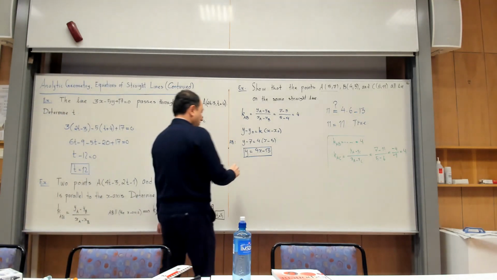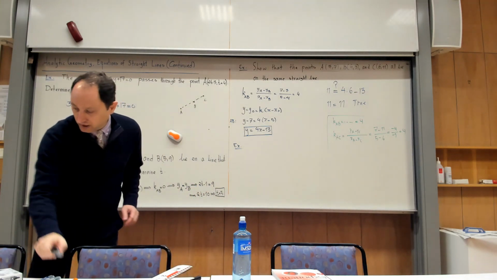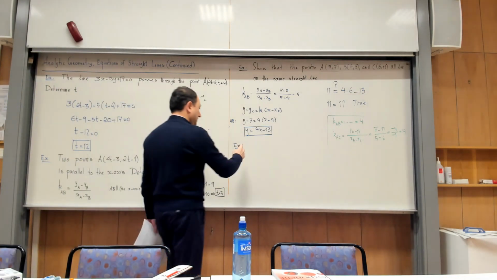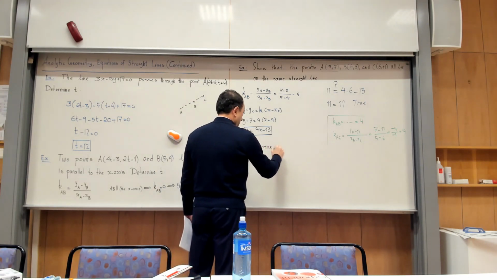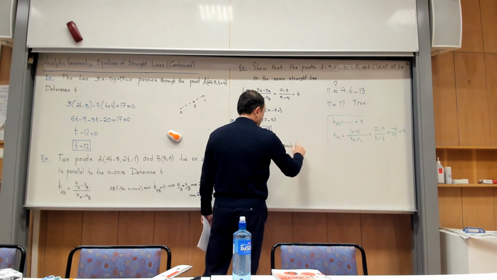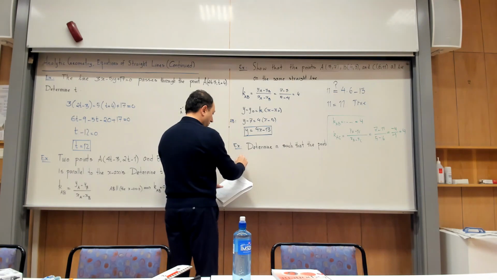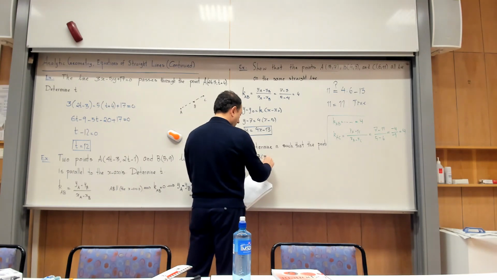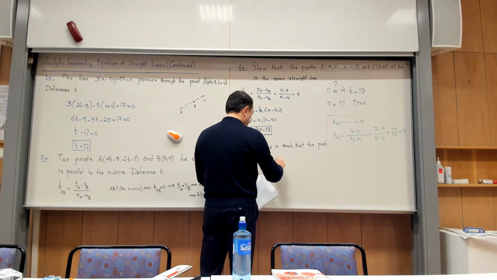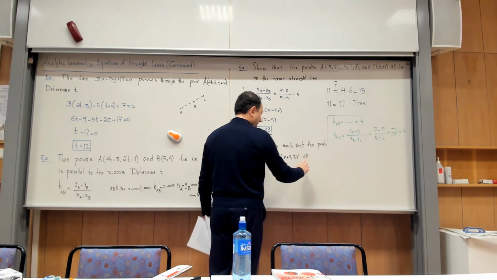A little bit different. So example, determine n such that the points A with coordinates 4, 9, B with coordinates 3 and 5, C with coordinates n plus 1 and 3n, all lie on the same line.